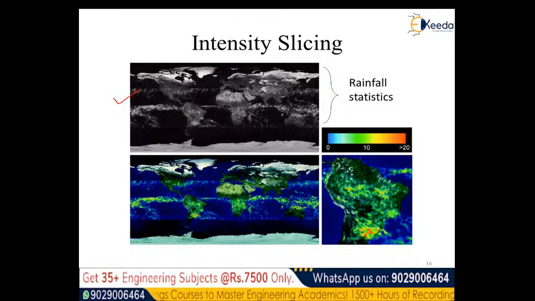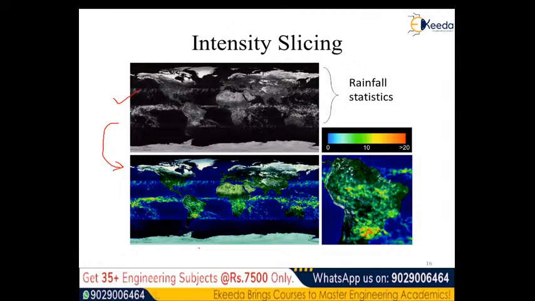I just continue here. Along with this particular part A, we have B, C and D also. The visual examination of this grayscale picture for the rainfall patterns is quite difficult as we don't have the color differentiation here. If we have coding after intensity slicing, coding means just assignment of the different colors, you will get from part A to part B. Here it is the colorful image.